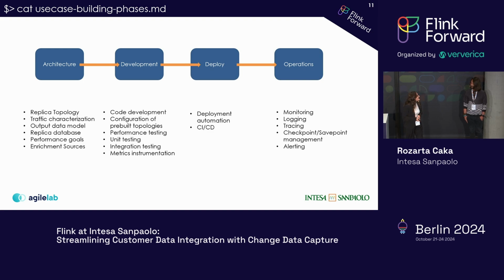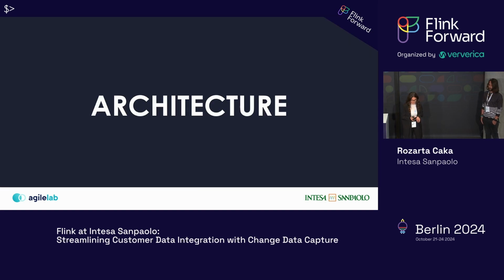Then we deploy with change management, and once it's deployed with the Flink UI and the platform, we monitor it. We see the logging, the checkpoints, and there is also an alerting system if something is not going as it should, or the minimal latency is not respected.